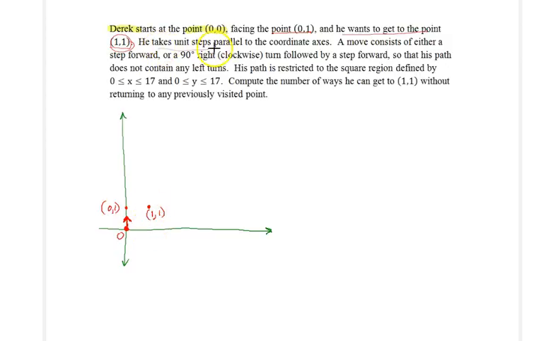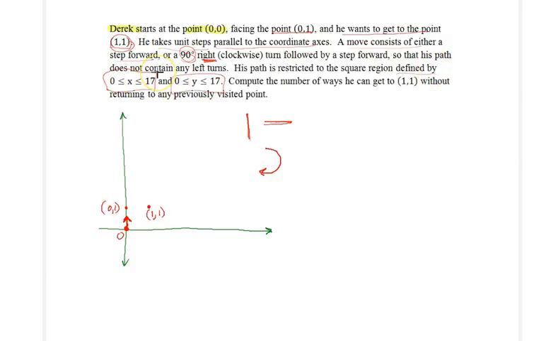He takes unit steps parallel to the coordinate axes, so you can only go vertical or horizontal, obviously. A move consists of either a step forward or a 90-degree clockwise turn to the right, so basically in this direction here. And so his path does not contain any left turns, and his path is restricted to the square region defined by this one here.